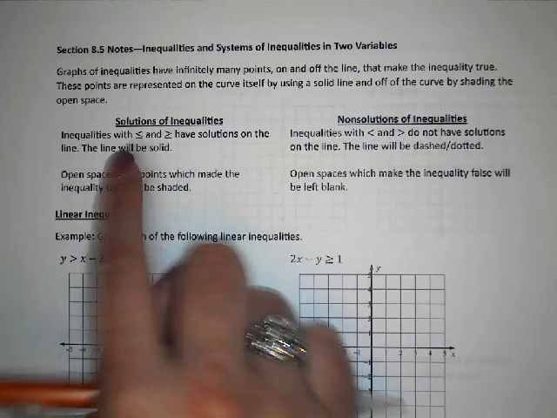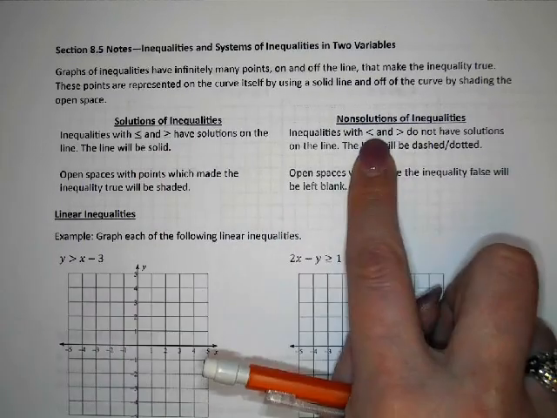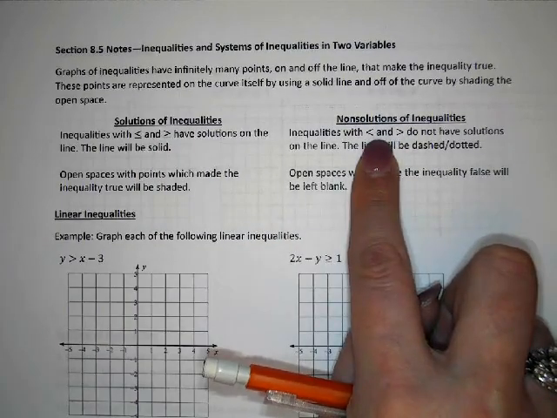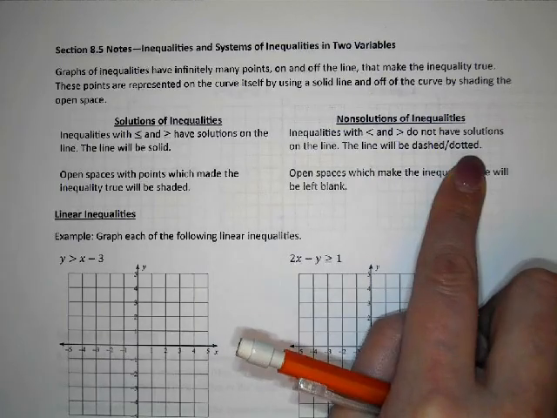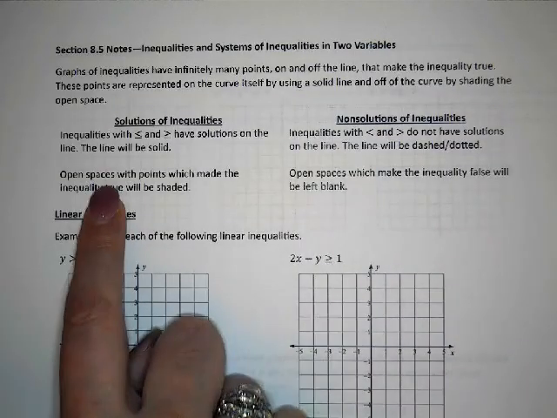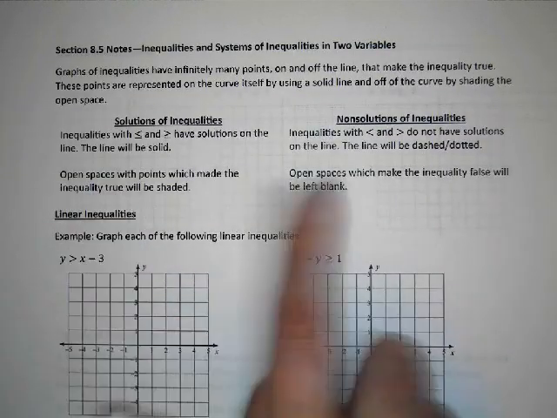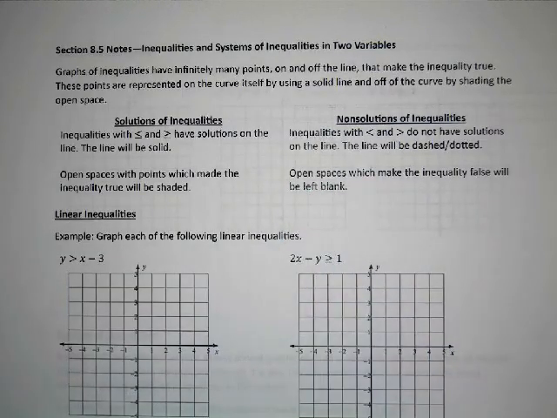So the left side and the right side will be equal to each other and it will be true. If we don't have an equal to, then we're going to have a dashed or a dotted line because the points on the line will not work in the inequality itself. And then open spaces will be shaded if they're solutions. Open spaces will not be shaded if they're not solutions.